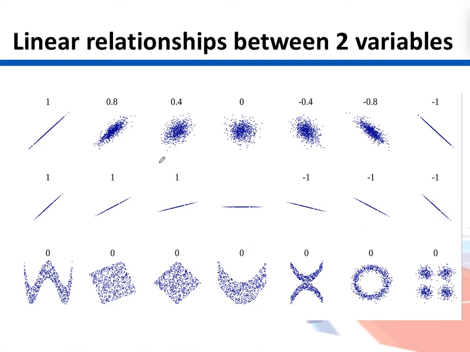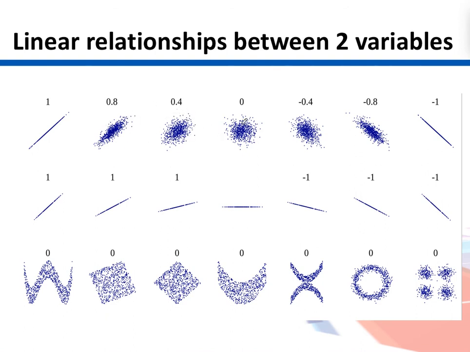These are different shapes which we can see from our data set. If our data set is a perfect straight line, all those data points are on this straight line. That means a perfect or excellent positive correlation, so correlation value is plus 1. Here it's 0.8. They are spreading, but still they are following a pattern on a straight line.